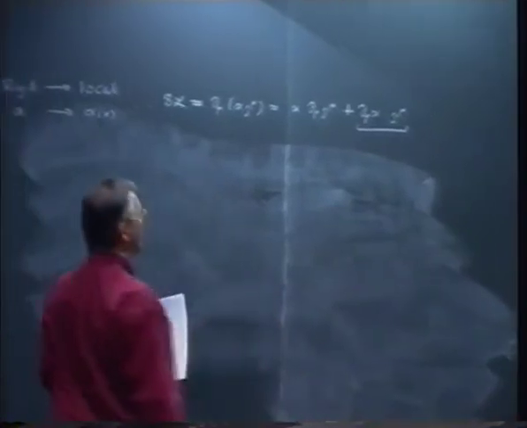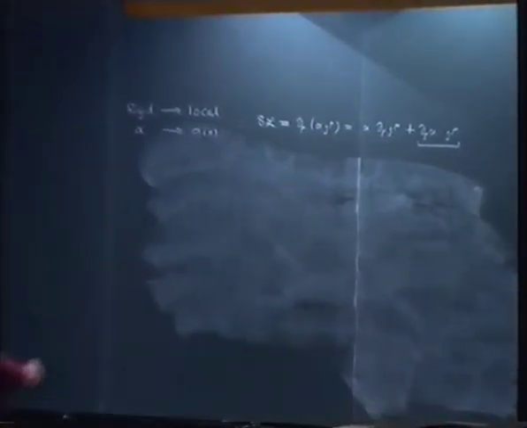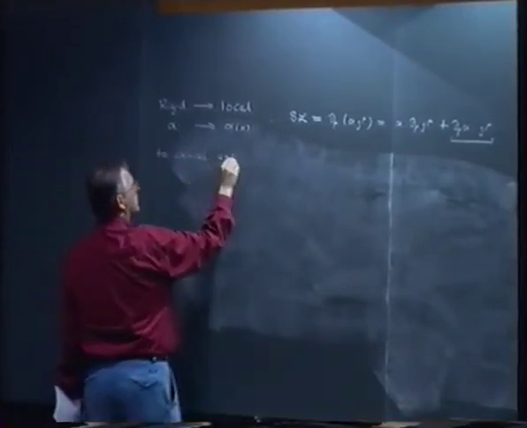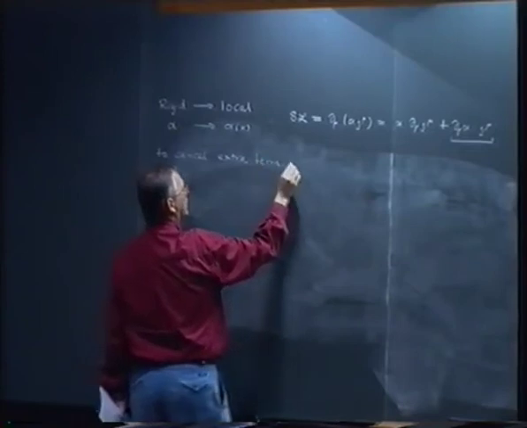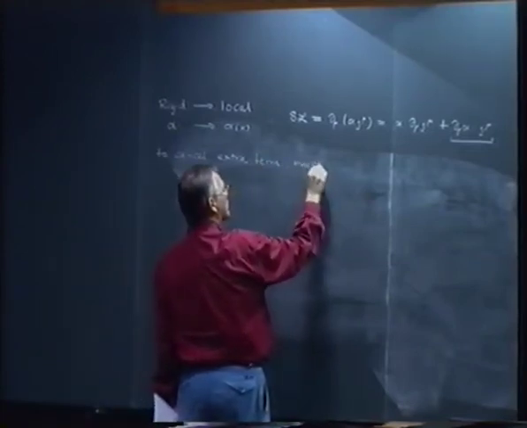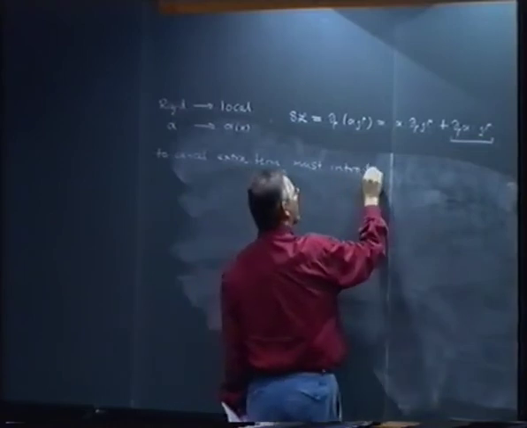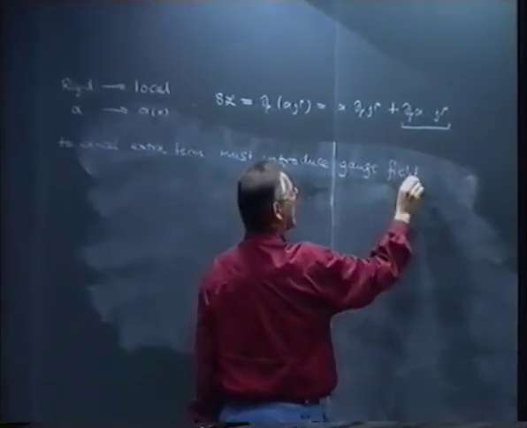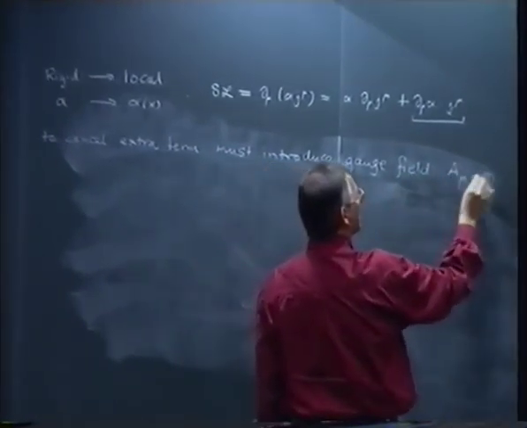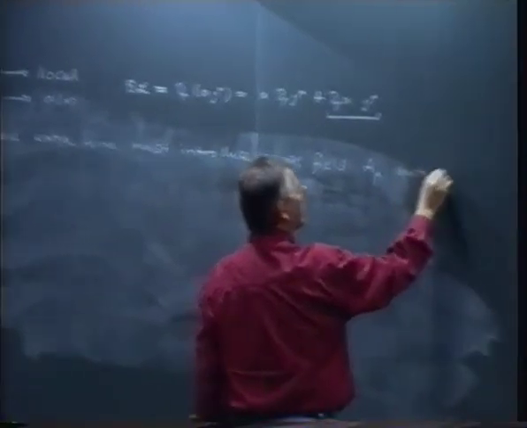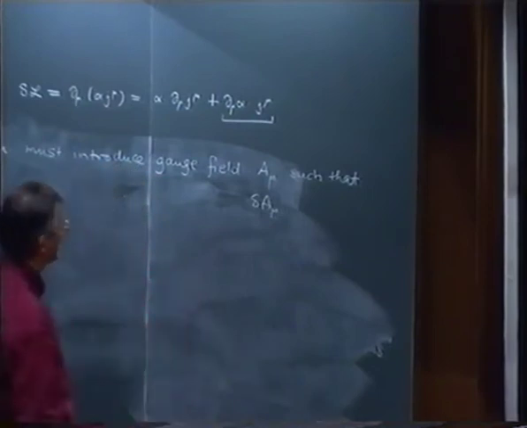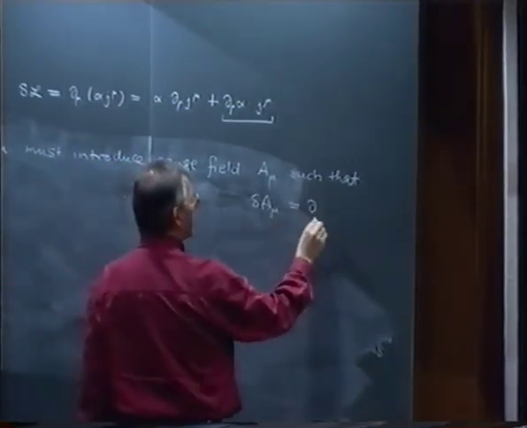So, in order to make the Lagrangian invariant again, I need something to cancel this term. So to cancel the extra term, we must introduce a gauge field A mu such that the variation of this, delta A mu, is proportional to d mu alpha.